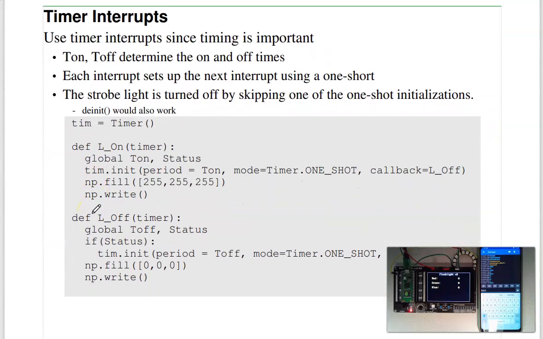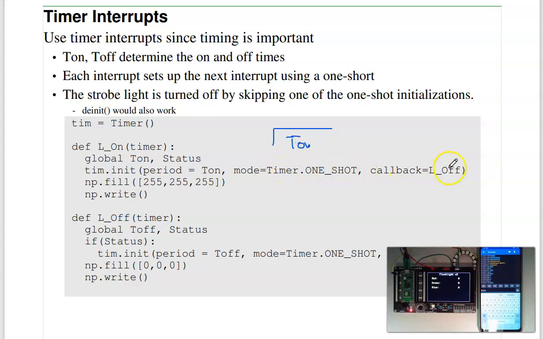Now there's a couple ways to keep track of time. Since this is a strobe light and timing is kind of important, I'm going to be using interrupts. So again, I'm going to have one interrupt for turning the lights on. This is going to be one shot. Every time it executes, it sets up the off time. The period is T on, so when I call the light on, the light turns on for T on milliseconds.